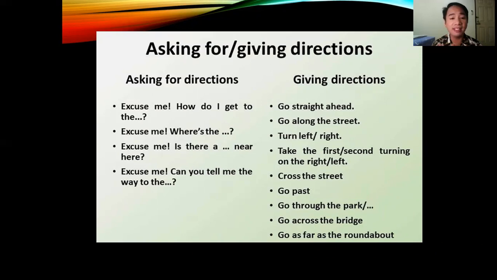Or you can say, excuse me, where's the place that you want to go? Or you can say, excuse me, is there the place that you want to go near here? Or you can say, excuse me, can you tell me the way to the specific place that you want to go? So these are the questions that you need to ask for direction.